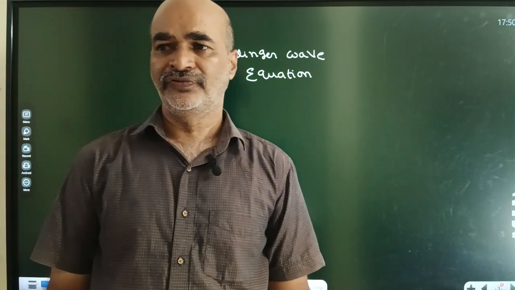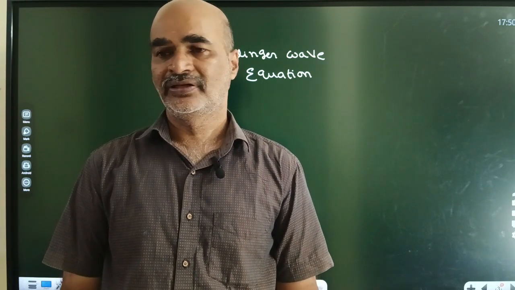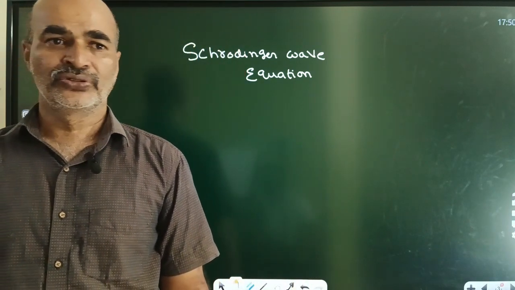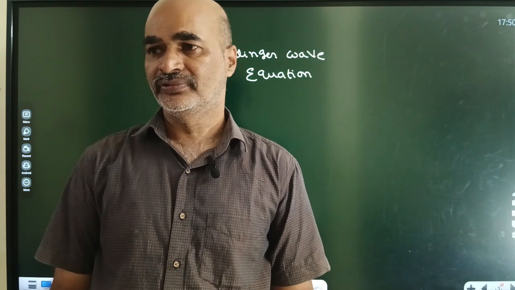The behavior of microscopic particles like electrons, protons and neutrons can be explained by the Schrodinger wave equation.